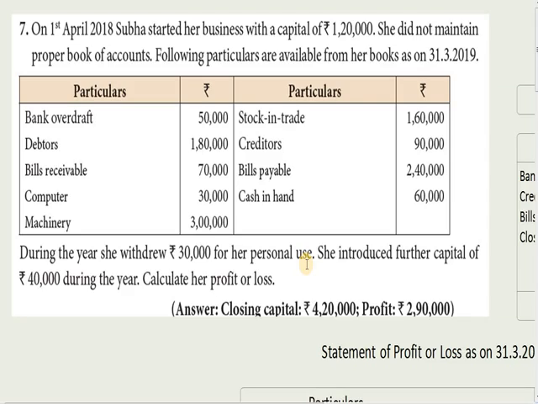So we are given the information regarding opening capital, drawings, and additional capital introduced during the year. What else do we need to calculate profit or loss? We need closing capital. So we have to prepare a closing statement of affairs so that we can find out the closing capital and arrive at profit or loss.